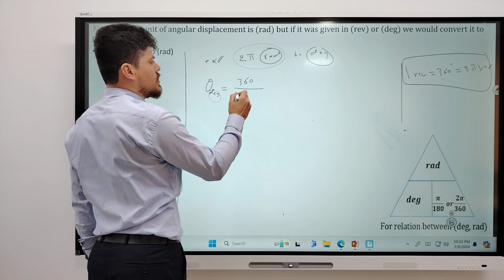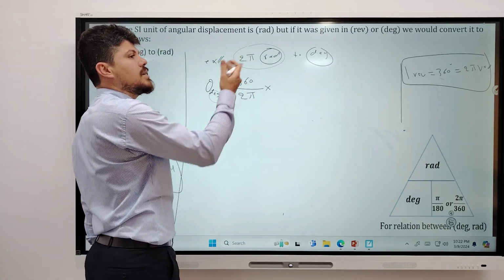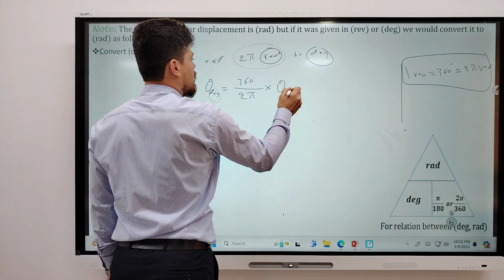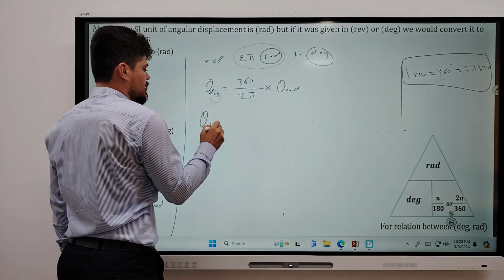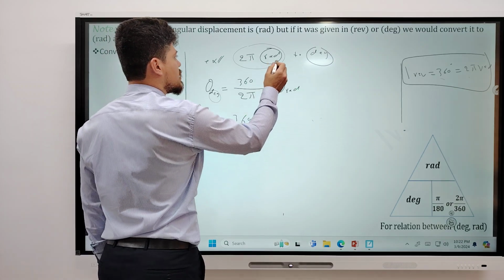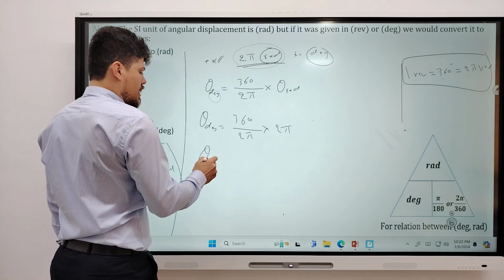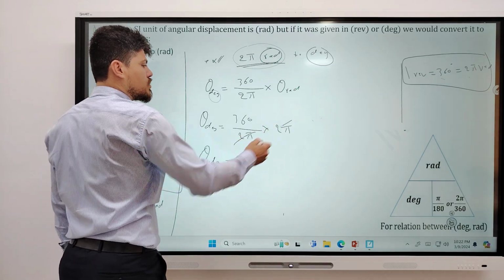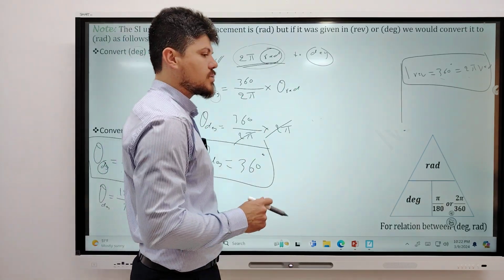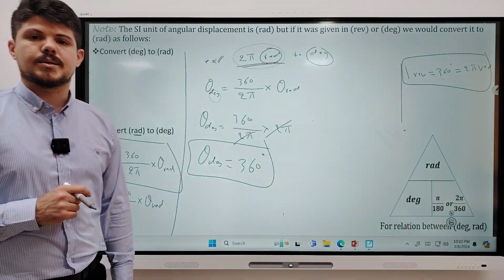How many rads do we have for one complete cycle? 2 pi rad. Times what? The theta that is given in the question, theta in rad. So 360 divided by 2 pi times theta in rad, which is given in the question as 2 pi. So theta in degree, 2 pi with 2 pi cancel, what remains? 360 degree. So in this way, you can convert rad to degree.